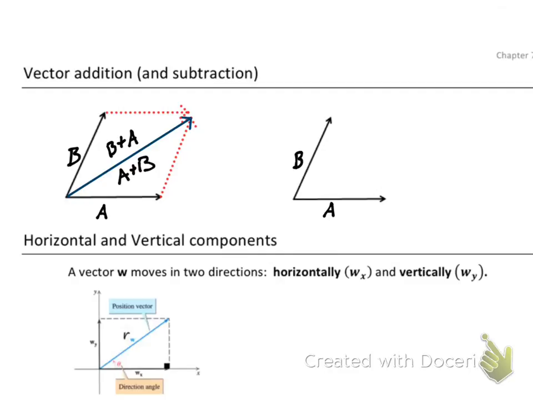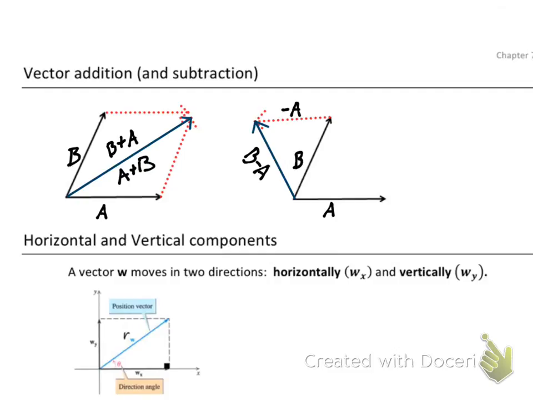So for B minus A, I'm going to run like this. And I'm going to draw a new vector in that direction. So this is basically our negative A. That is our negative A distance. Should have made it a little bit longer. And so this would be B minus A.